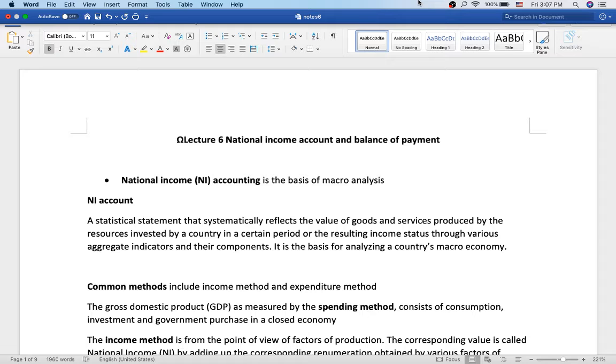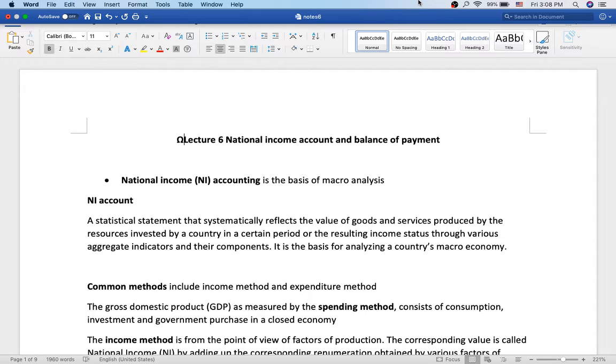In a closed economy, domestic supply and demand, that is, the income and expenditure, must be equal. In order to ensure their equality, social investment in objective economic activities must be equal to the social savings. That is, the national savings and investment in national income accounts must be equal.